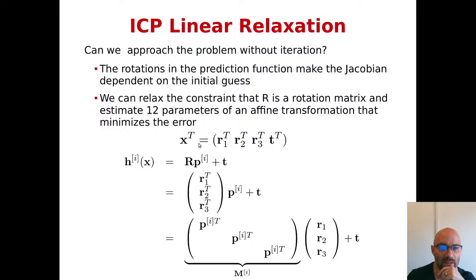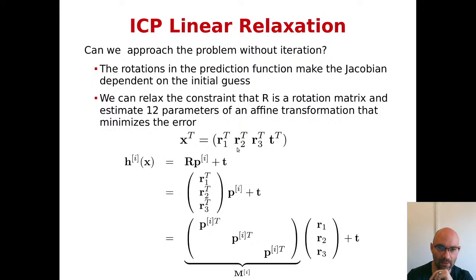How? Well, we could parameterize our state, which was belonging to SE3, but is not anymore. Now it's in the space of the affine transforms, like a 12-dimensional vector, where the first 3 components are the row vector, the first row of the rotation matrix.